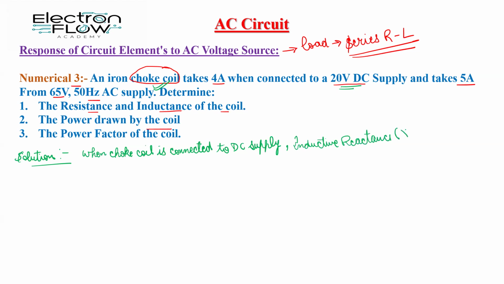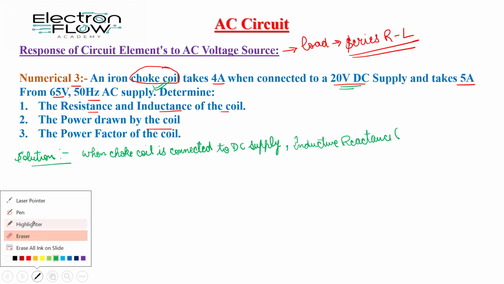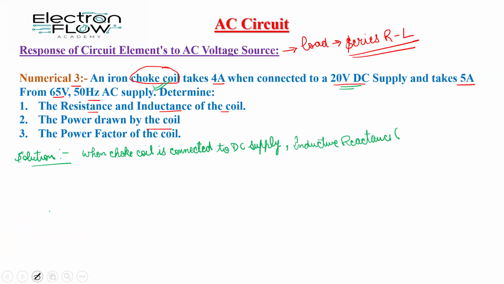Inductive reactance means XL, or omega L. The value of omega L in the case of DC is 0. Therefore, the ratio of applied voltage to the current is equal to the resistance of the coil only. So from here we can calculate the value of resistance.